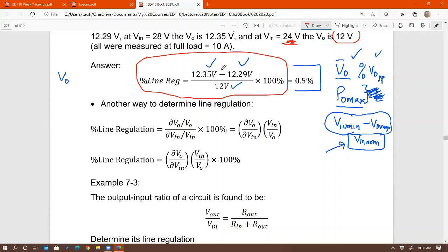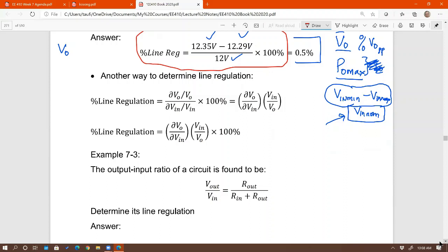Then you can go to the lab and get these numbers. But what if you are designing a converter and you want to predict the line regulation before you build it? You could, by using the following method. Percent line regulation is equal to, I'm just going to give you the final equation, the partial derivative of V out with respect to V in, times V in over V out.